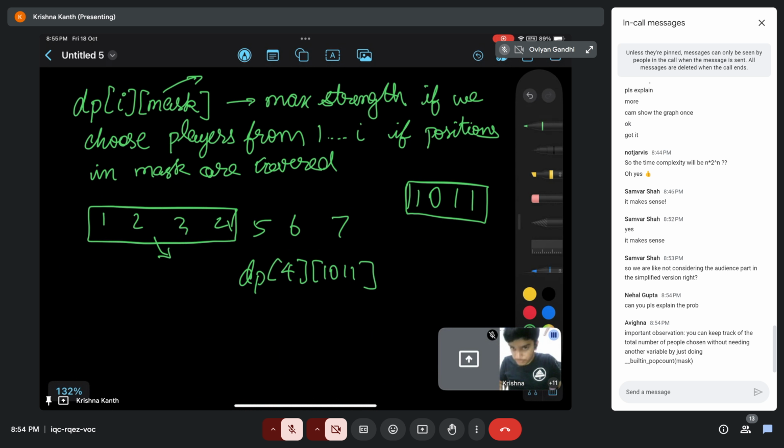So we want to place these 4 people into these 3 positions exactly, first, third, and fourth position. And we want to do this in such a way that we get the maximum possible strength, disregarding any audience member. We just want to choose people for the positions to play in. Does it make sense?